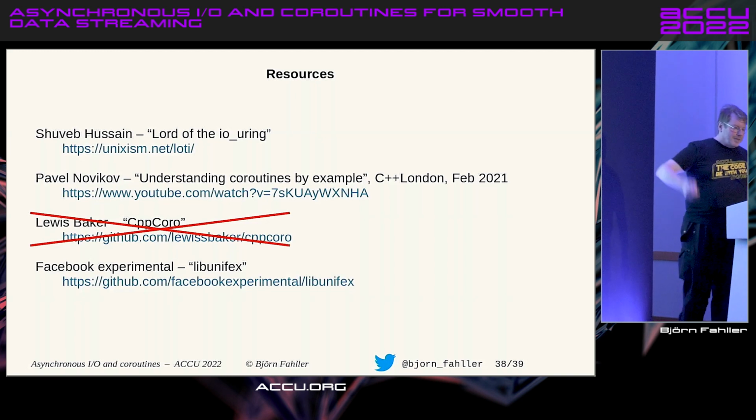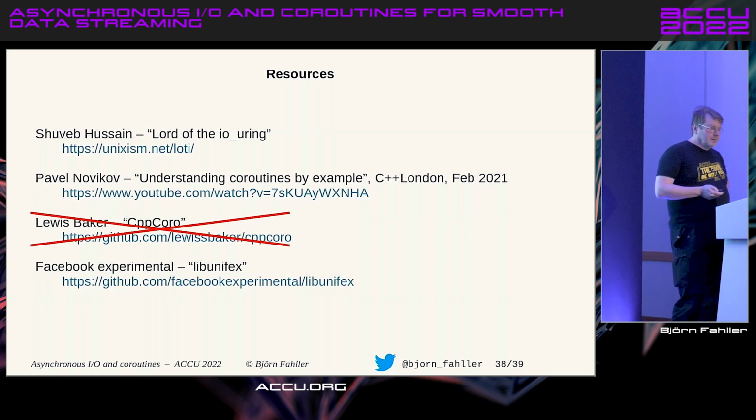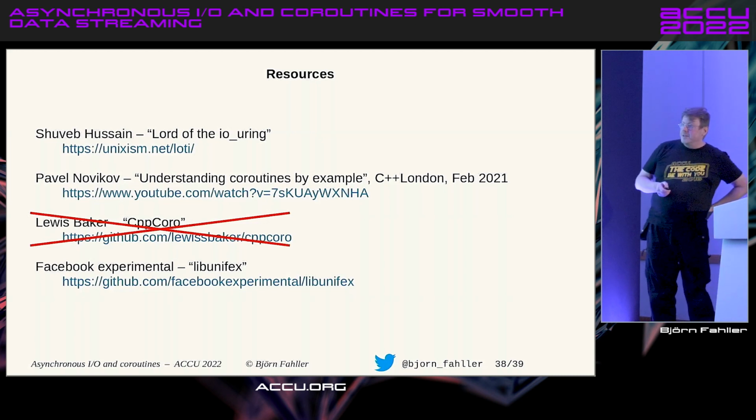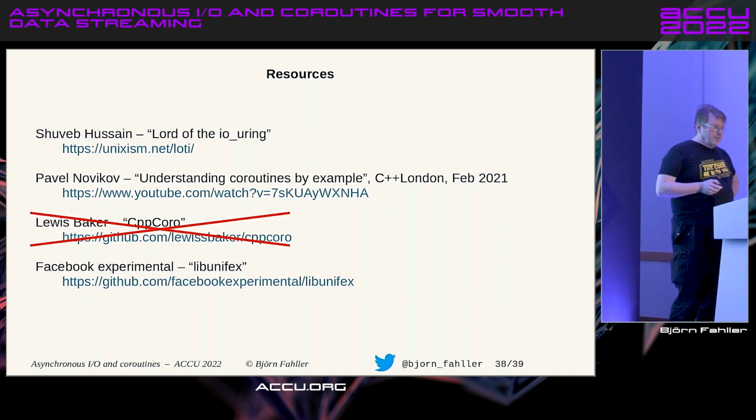Yeah, there used to be the next awesome coroutine library, cppcoro. It's dead, as far as I know. Last time I looked, it was more than 2 years since the last commit. One thing that is definitely not dead, it's absolutely worth looking into, is libunifex.